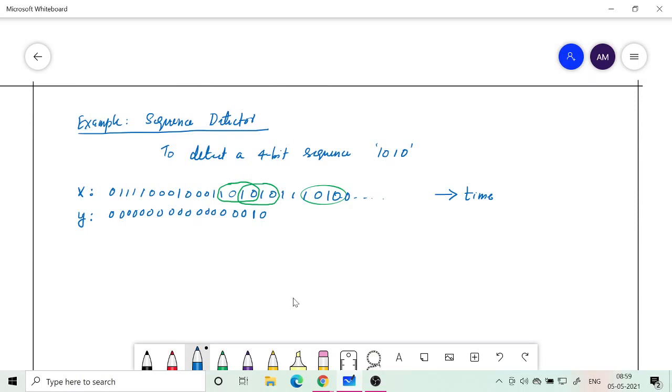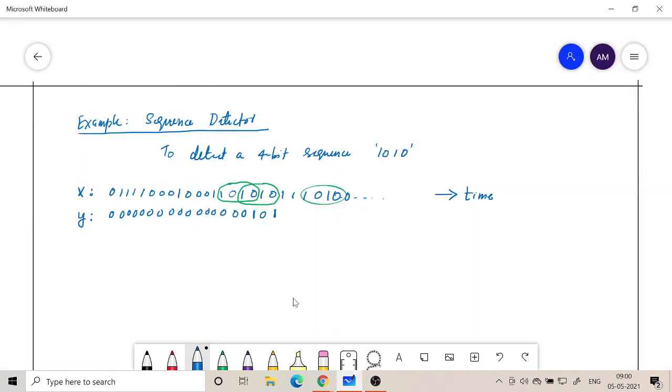That's not what I wanted. But if I go one more bit, then I will have a 1 there. So these are overlapped sequences. But if I don't want to overlap, this particular bit will not be 1, it will be 0. So we have 3 detections.